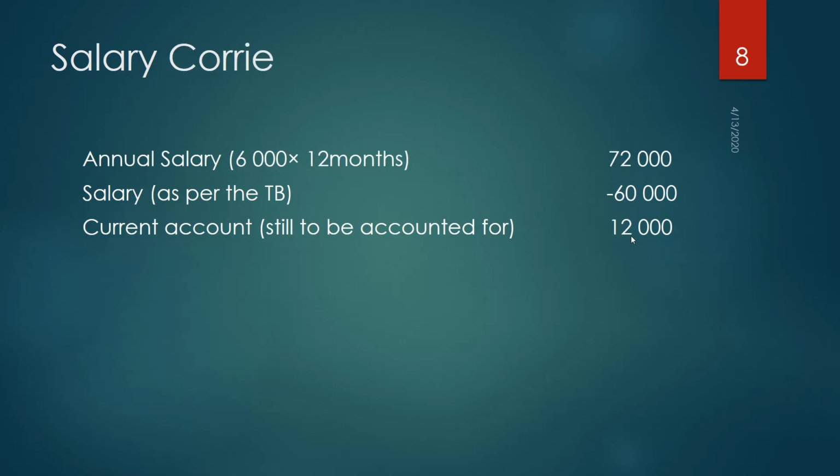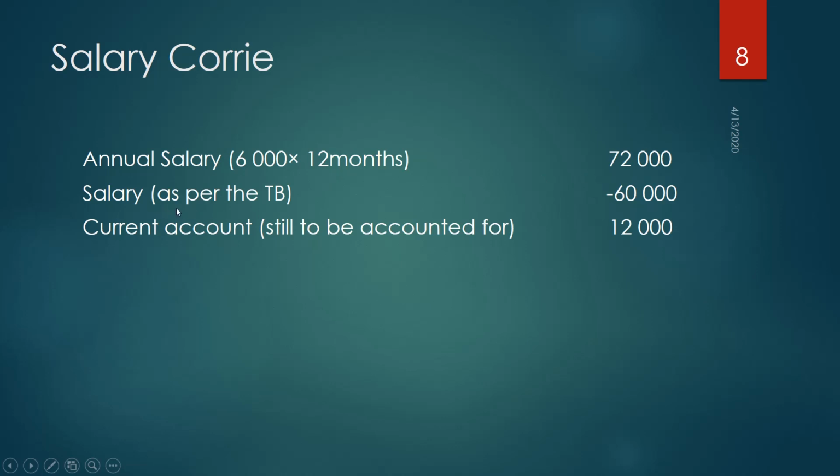Moving along swiftly, now I'd like to deal with the determination of Corey's amount that will be taken to the current account. The same explanation applies in the sense that we'll commence by assessing the annual salary that Corey is entitled to. Corey is entitled to 72,000. Remember, we had to calculate the 72,000. It wasn't given. The calculation is not difficult. We take the 6,000 as provided in the partnership agreement. We multiply it by 12 months to determine the annual amount.